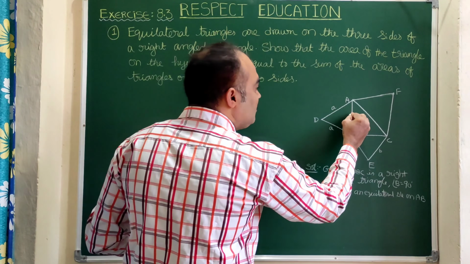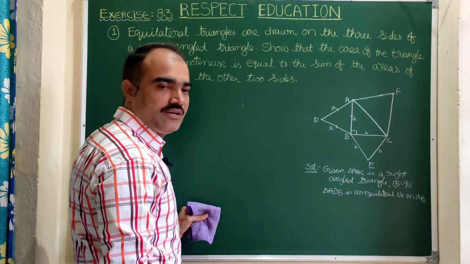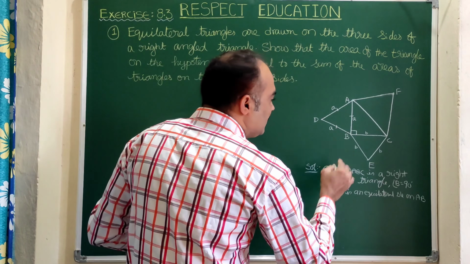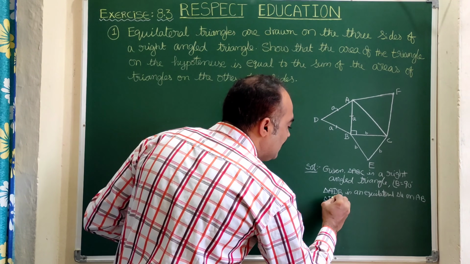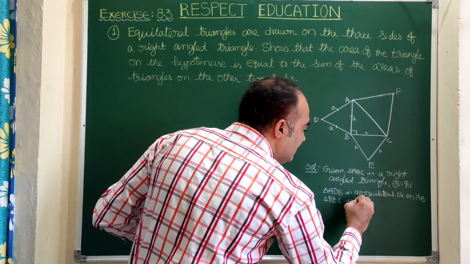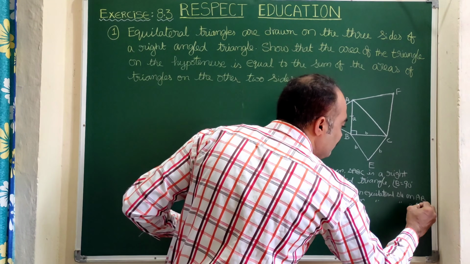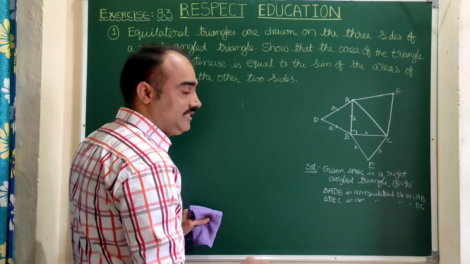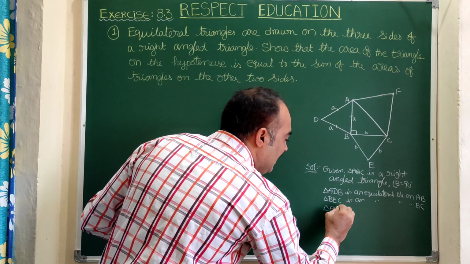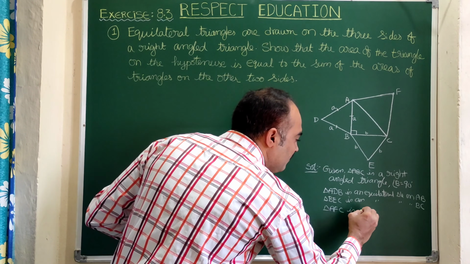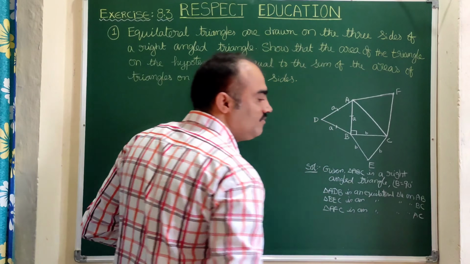Same way, that means here you see AB, AD and BD, all the three sides are equal. Same way here, triangle BEC is an equilateral triangle on the side BC. Similarly, triangle AFC is an equilateral triangle on the side AC.